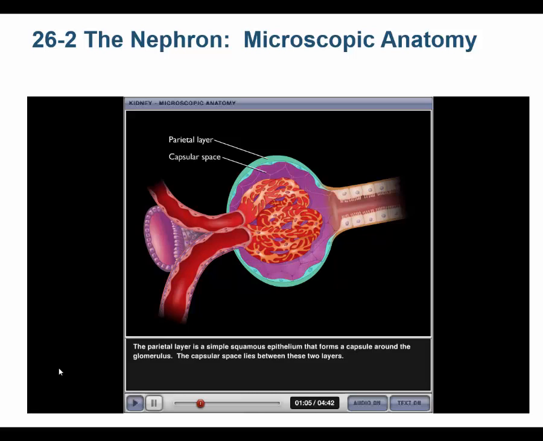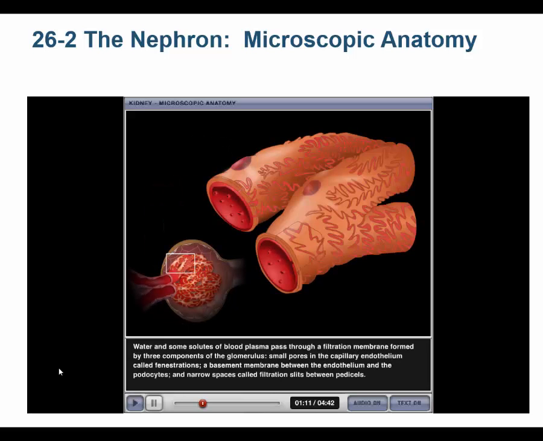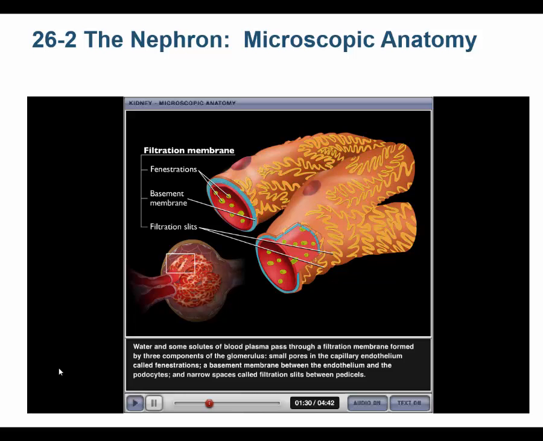The capsular space lies between these two layers. Water and some solutes of blood plasma pass through a filtration membrane formed by three components of the glomerulus: small pores in the capillary endothelium called fenestrations, a basement membrane between the endothelium and the podocytes, and narrow spaces called filtration slits between pedicels.